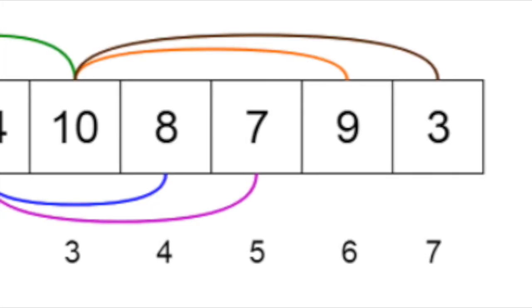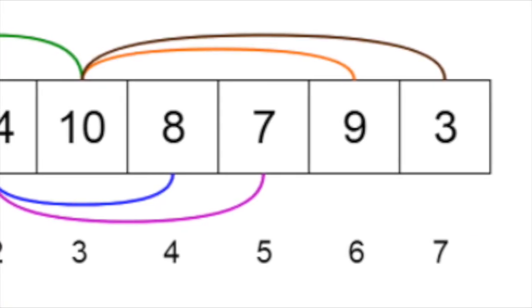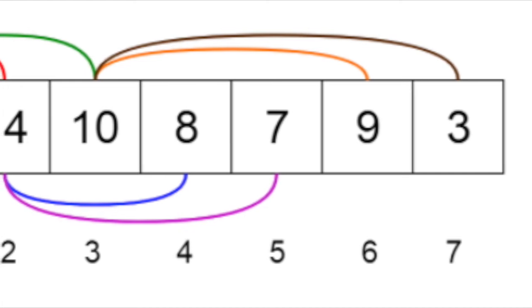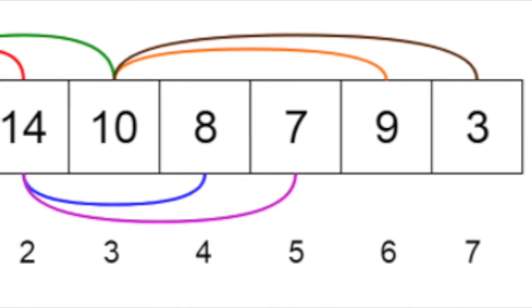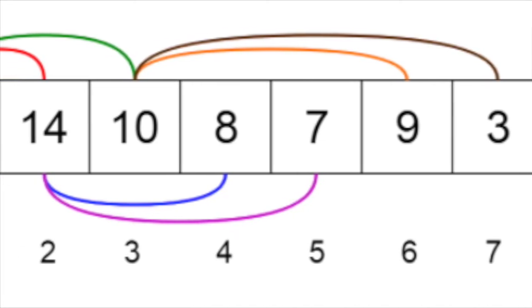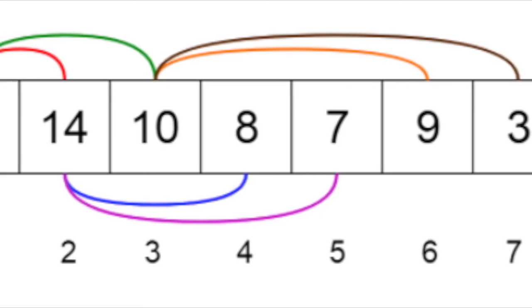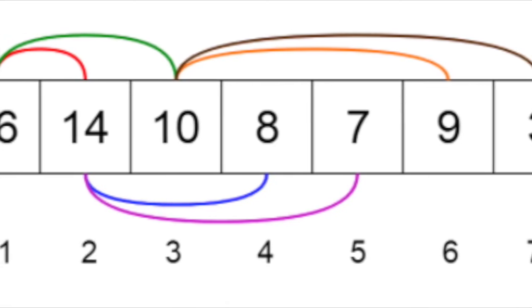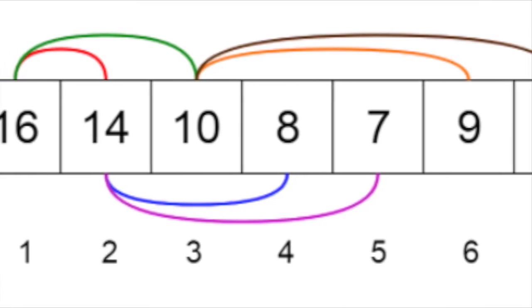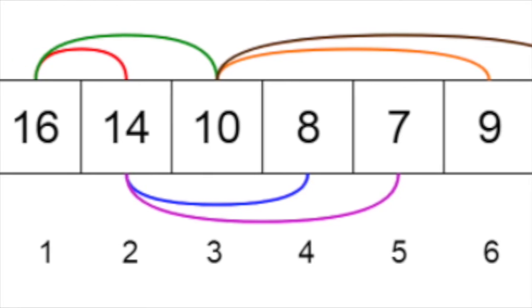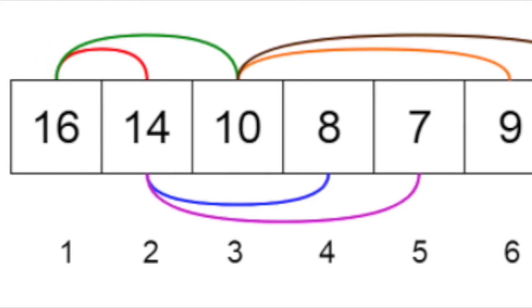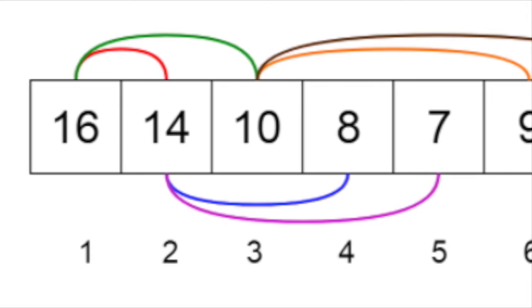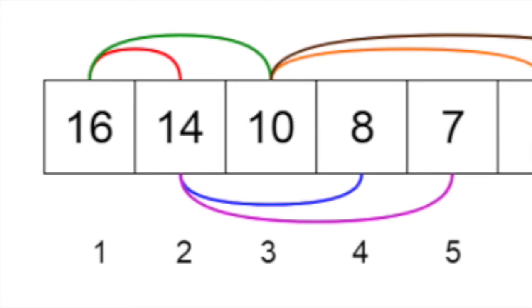First, the min heap property, which is when the key of the parent is less than or equal to the key of the children, and the root contains the minimum value of the heap. Our next type is the max heap property, which is when the key of the parent is greater than or equal to the key of the children, and the root contains the maximum value of the heap.